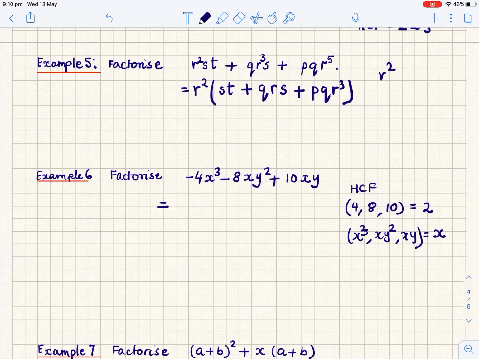So the total HCF is 2x. However, the first term is negative, so we have to take negative factor out. So we write negative 2x outside the bracket. Now divide each term by negative 2x. That gives you 2x squared. If you divide negative 8xy squared by negative 2x, that gives you plus 4y squared. If you divide 10xy by negative 2x, that gives you minus 5y. And that's our final answer.